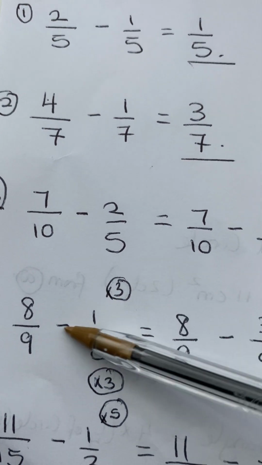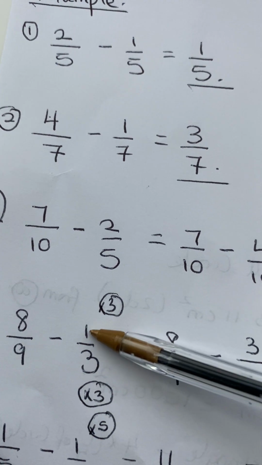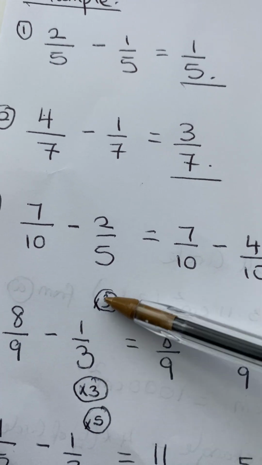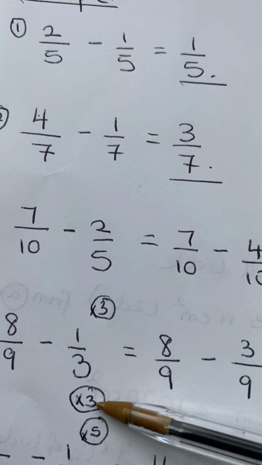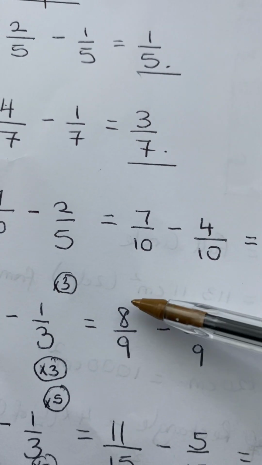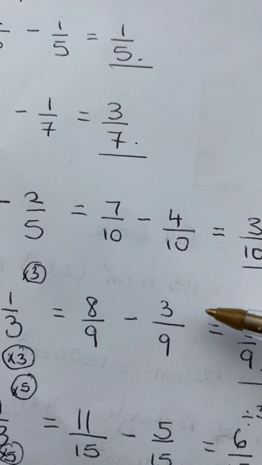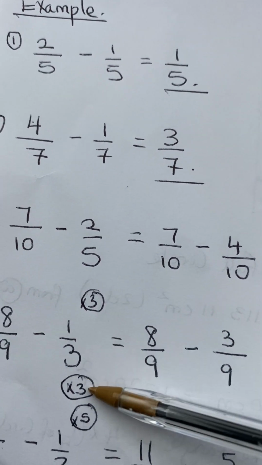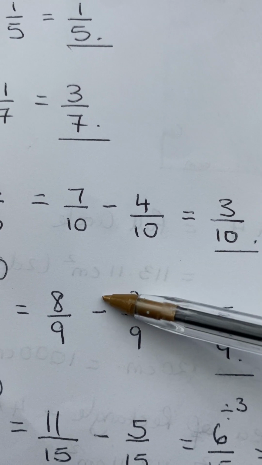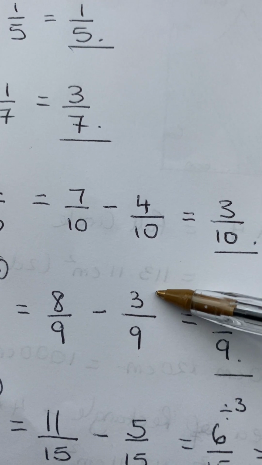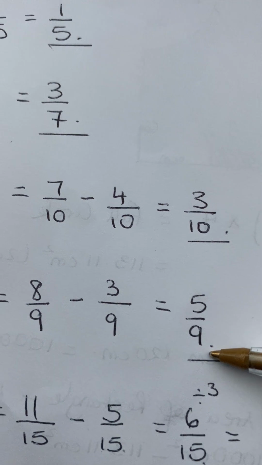Here also, the denominators are not the same, so we need to change this. We multiply both the numerator and the denominator by 3. So we have 8 over 9, 1 times 3 is 3, 3 times 3 is 9. So we have 8 minus 3, which is 5 over 9.